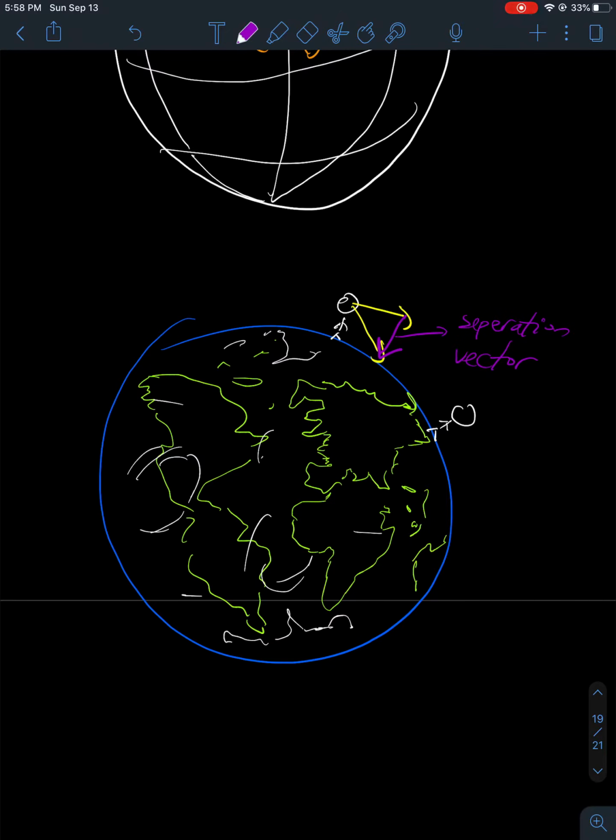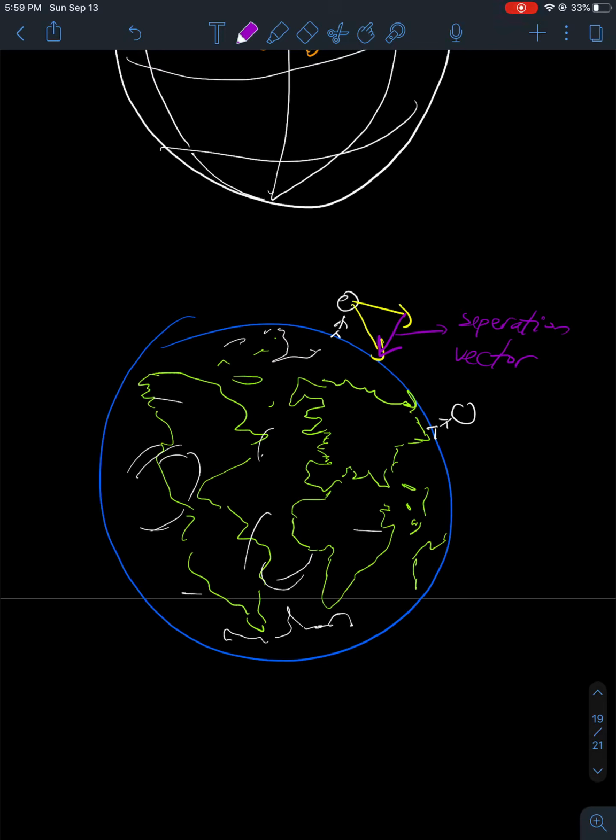Keep that in mind. Now the Ricci tensor, not Ricci tensor, but the Riemann curvature tensor.